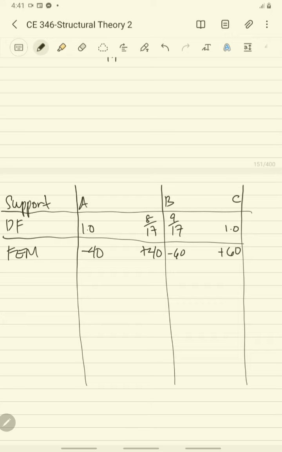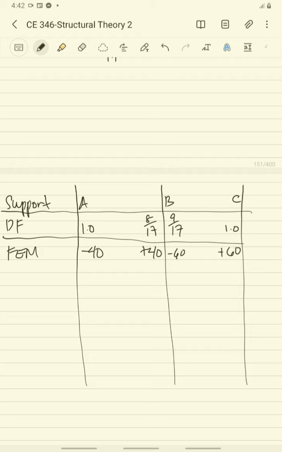And now, we will unlock each support, then distribute the unbalanced moment at each one or the adjacent joint also. So we will unlock support A, then support B, and support C. Then we will distribute the unbalanced moment by using the distribution factor.